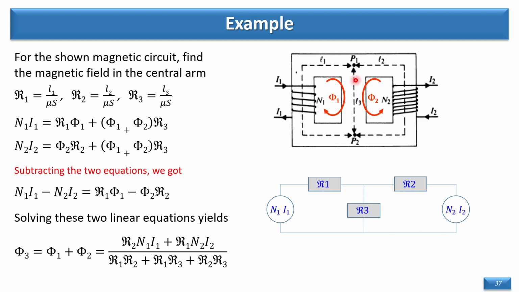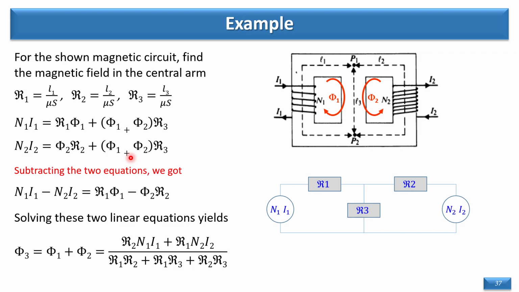We assume this is the positive direction, so this is pushing phi 1 and this is pushing phi 2, so they are summed to one another. We do the same thing for loop number 2. Then we have this expression here, and we can continue from this point.